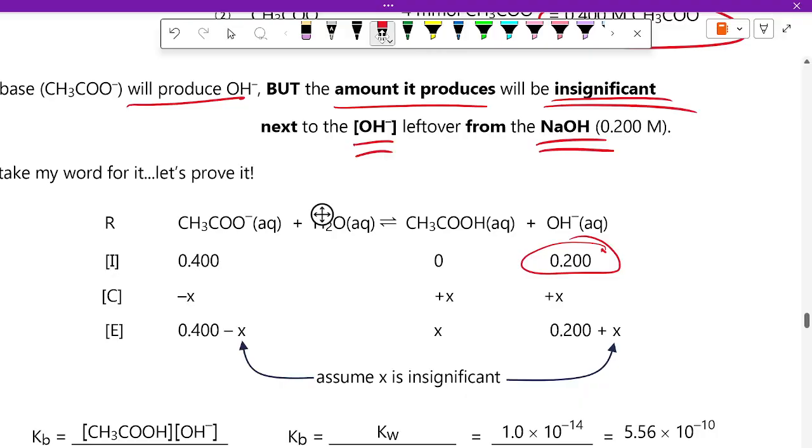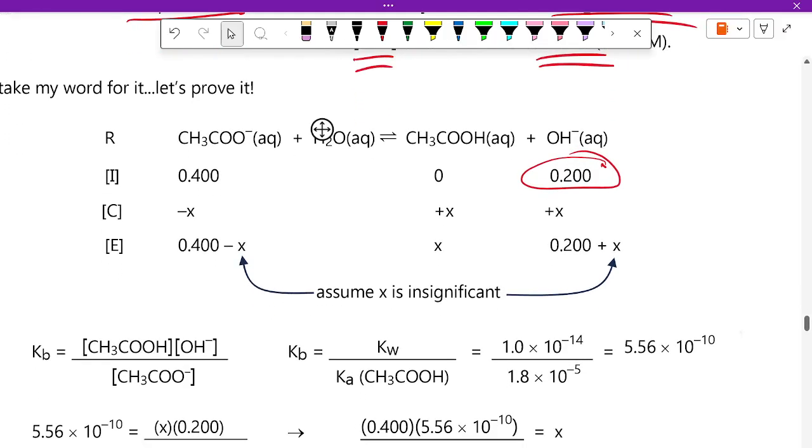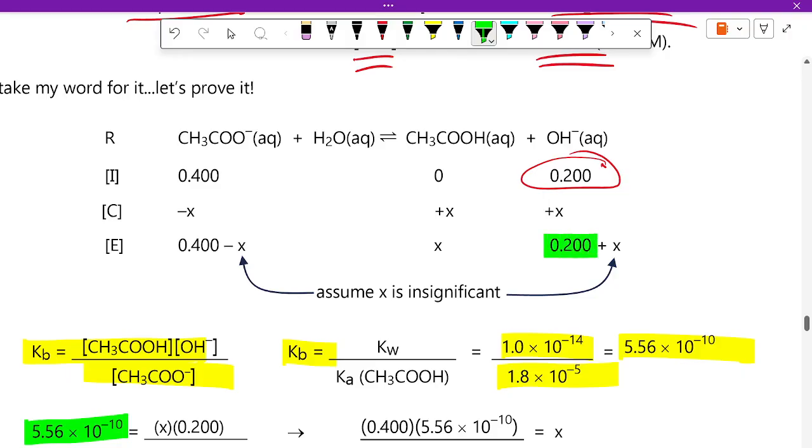Assume X is insignificant. We found our Kb. Here's our Kb expression. Here's the value of Kb, Kw divided by Ka. So now we have the value of Kb is equal to, and remember, X was insignificant, so we have only 0.2 times X, 0.2 times X, divided by, this X was insignificant, so we just have 0.4.